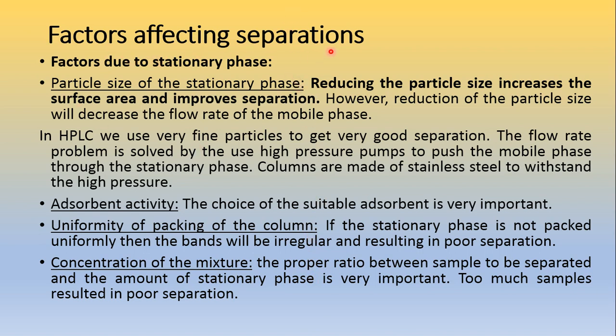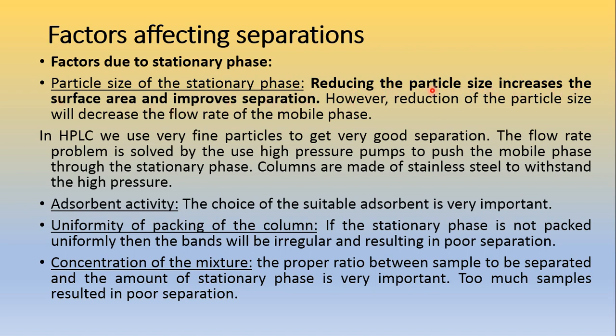Now the factors affecting separations, factors due to stationary phase. Some things we have already learned. The particle size of the stationary phase affects the separation efficiency. Reducing the particle size increases the surface area and improves separation.